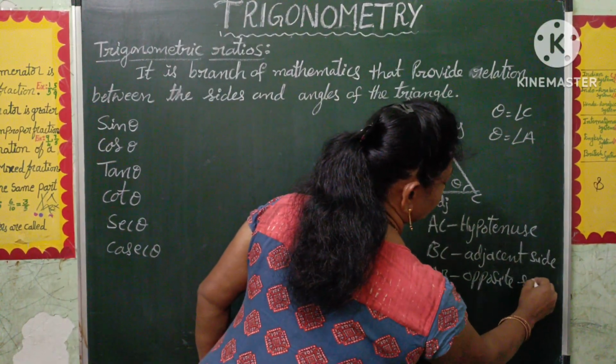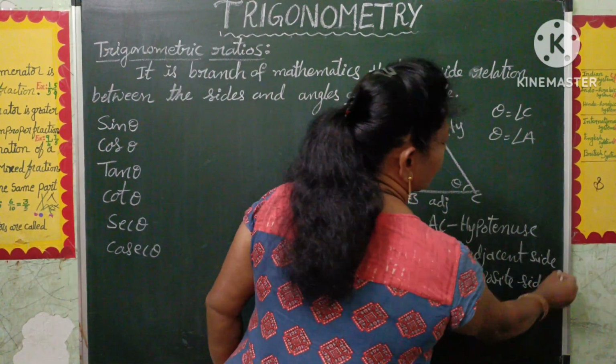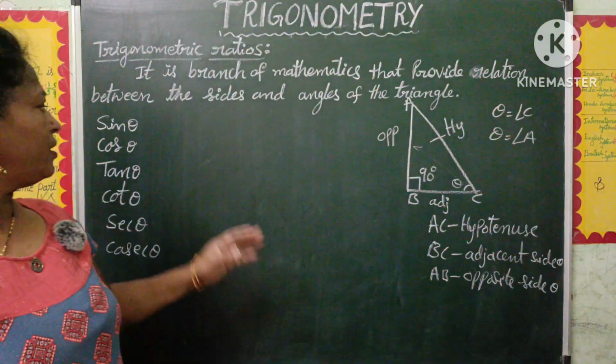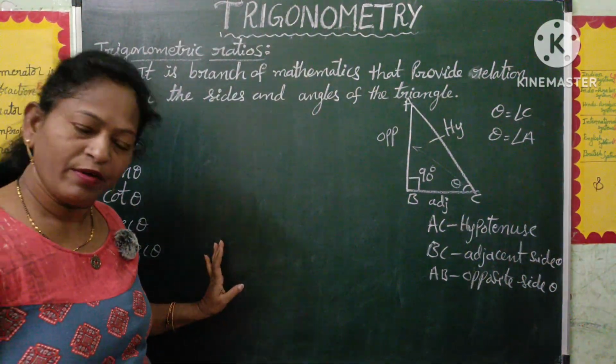Now, let us write how these 6 ratios are formed.